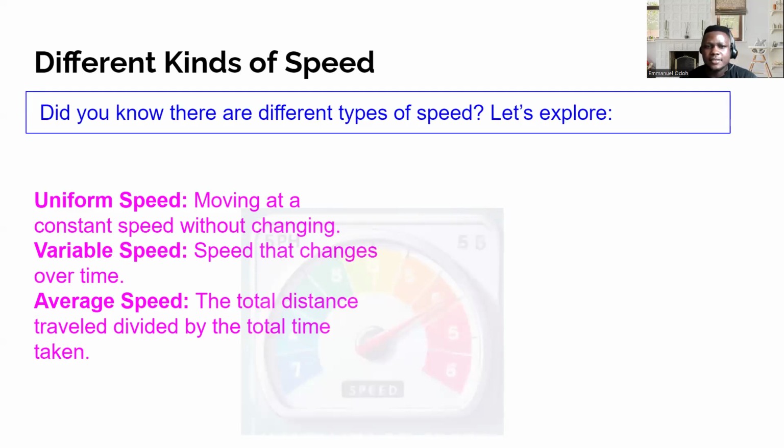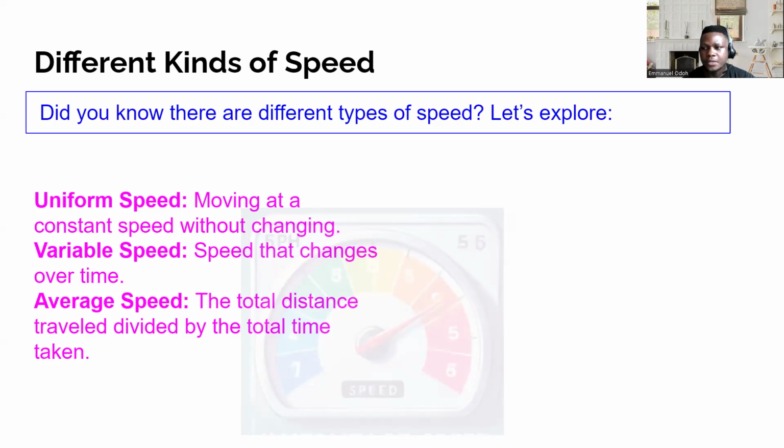Average speed is a speed where the total distance is divided by the total time. The reason why we have the average speed is that a car may be moving on a road, and you experience traffic at a certain point.